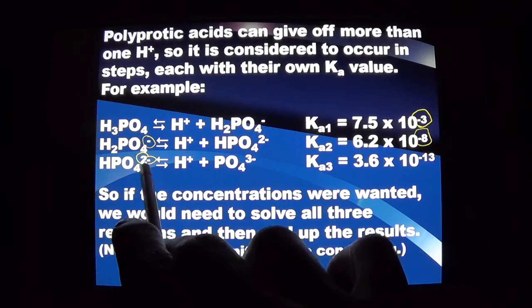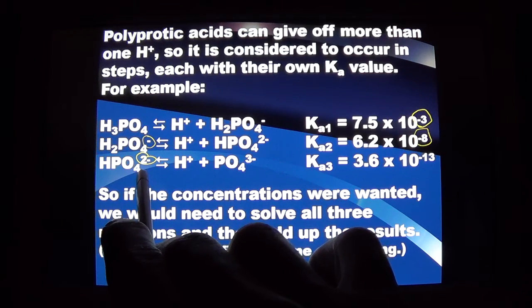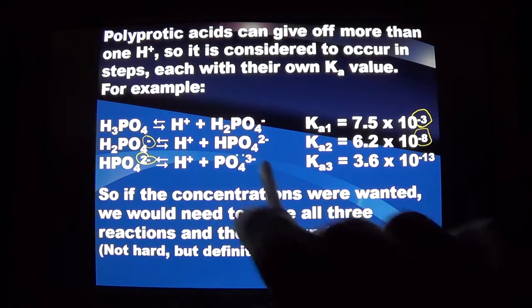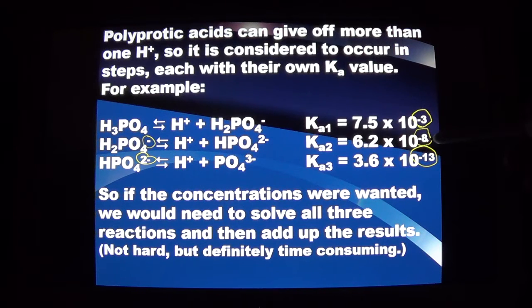Well, if it's difficult with a -1 charge, with a -2 charge it's really difficult. So it does happen, but incredibly rarely, and you'll notice again a large jump. So this was like 10,000 times less likely to occur than that, and this is 10,000 times less likely to occur than that. Still possible, it just needs so much energy. It's not statistically likely to happen often.